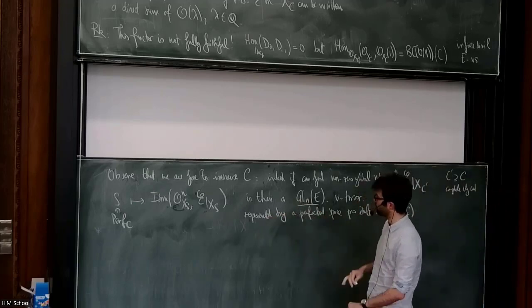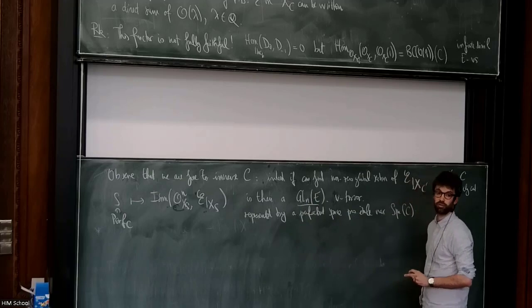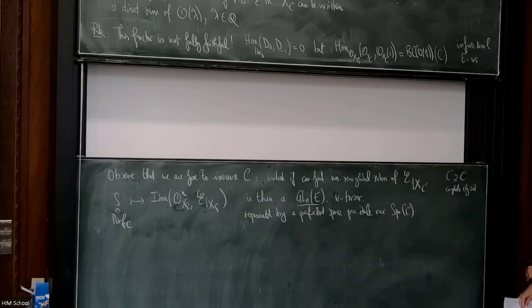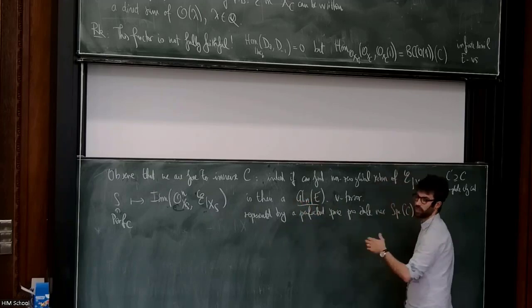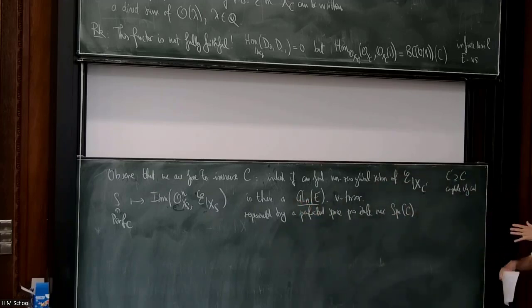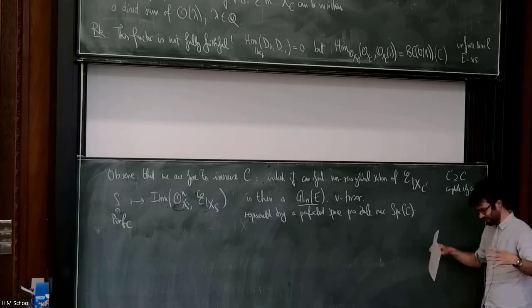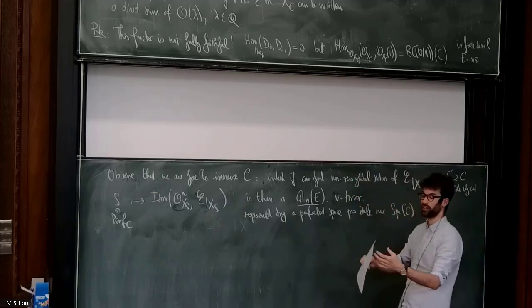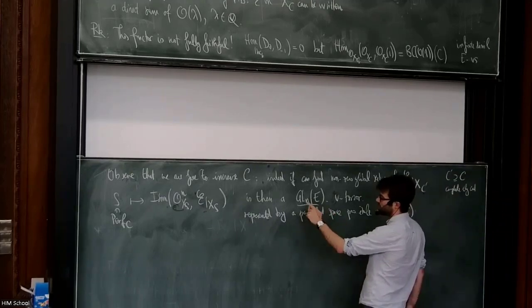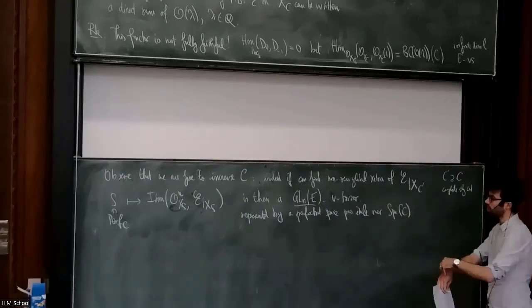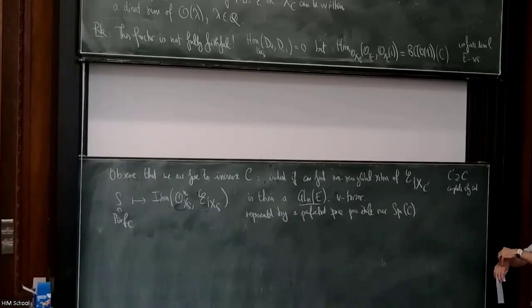So here I'm hiding the fact that because this group is locally profinite, if I mod out by some compact open subgroup and let this compact open subgroup shrink to 1, I can present this torsor as an inverse limit of things which are locally for the v-topology étale over my base.